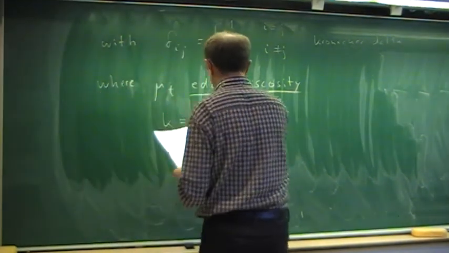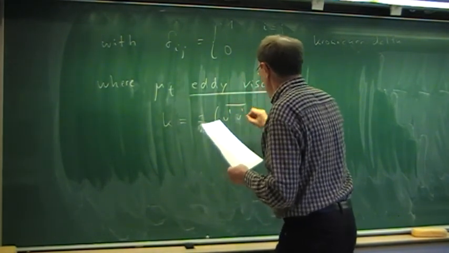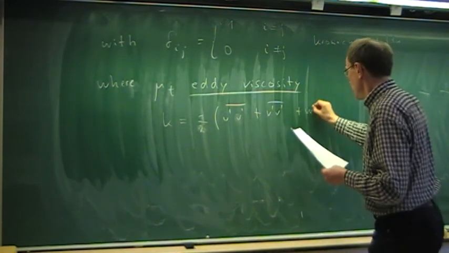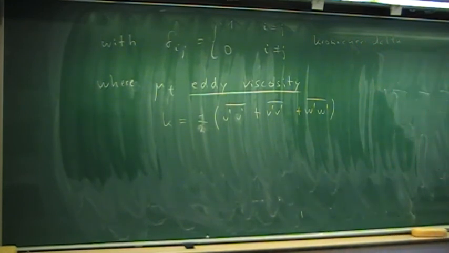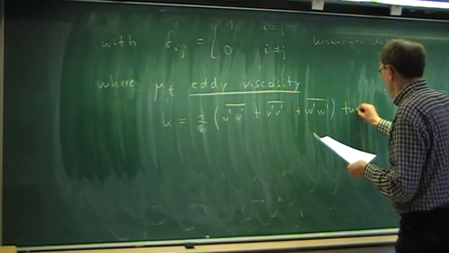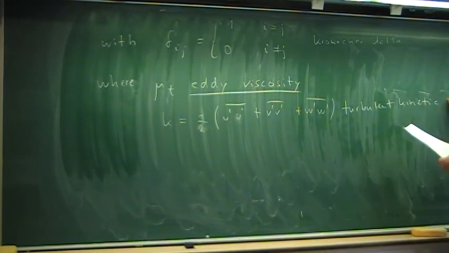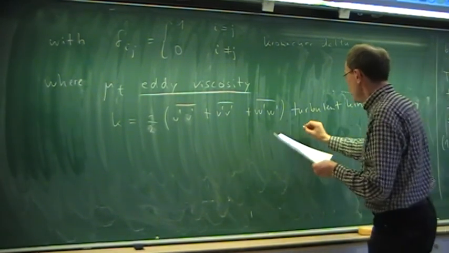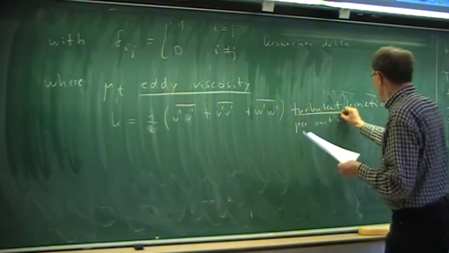So in that case it is 1/2 of u prime squared time average plus v prime squared average plus w prime squared average. So we take the fluctuation squared and time average. That is the turbulent kinetic energy. And if we want to be precise, we should say that it is per unit mass.